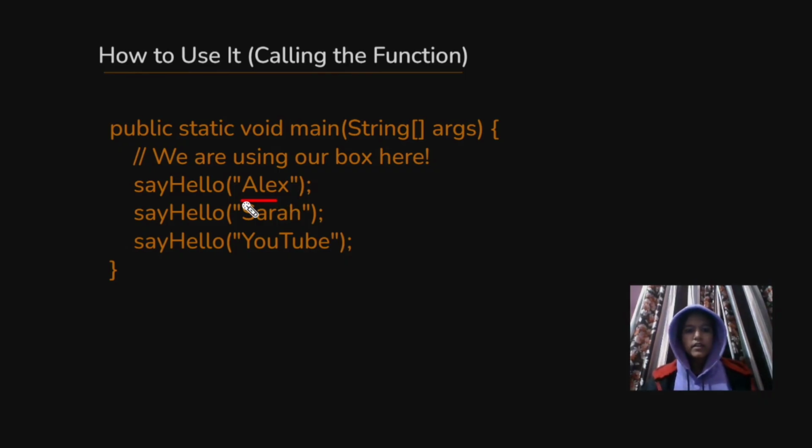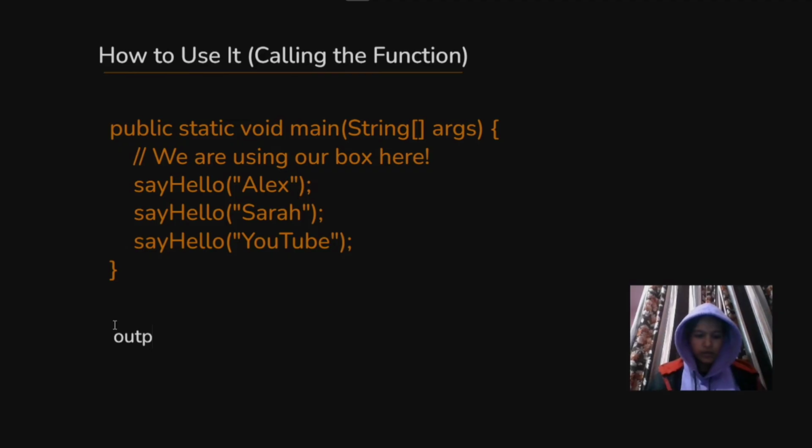This is an important point: if we do not pass the parameter, it gives an error. When we call sayHello with Alex, the output should be printed. The output should be hello Alex.